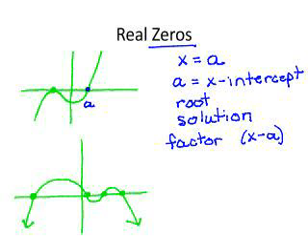So this particular function has how many zeros? Well, it has 4 of them. Let's say that this 0 here is A, this is B, this is C, and this is D. Okay, so I have 4 zeros.